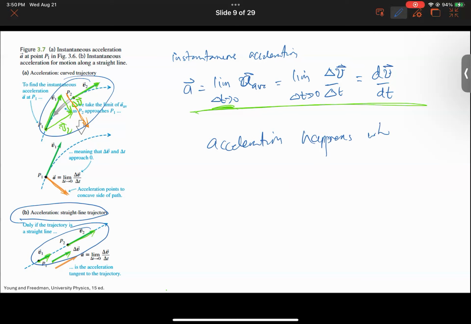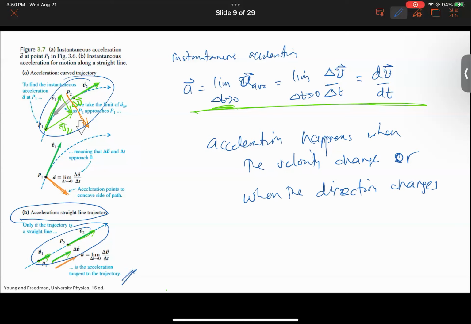Hence, when the velocity changes or when the direction changes. Okay, so you get acceleration if the velocity changes or if the direction also changes.